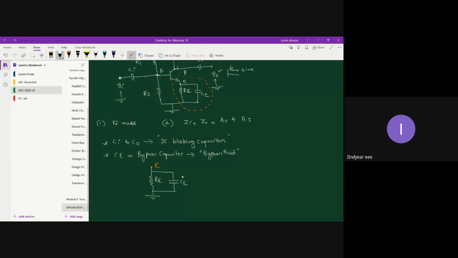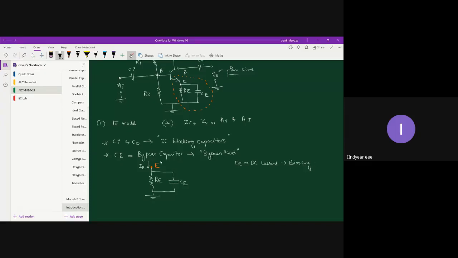Now, imagine the case of DC signal. Let's say you have DC emitter current flowing in. Let me write it very clearly that capital I, capital E stands for DC current. So this is your biasing current.